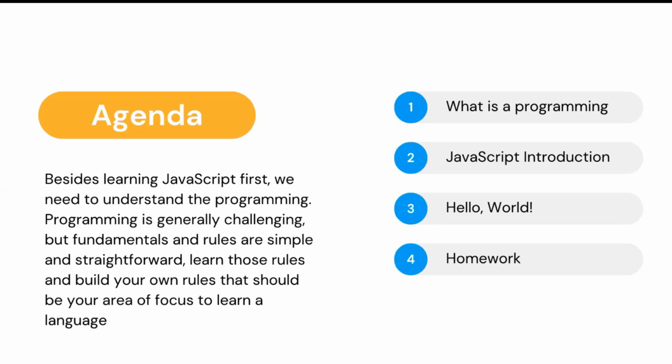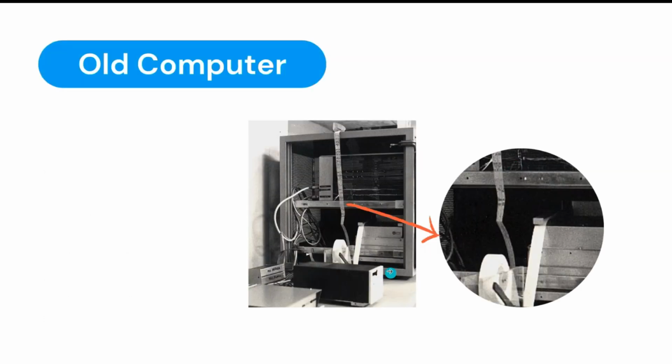And if you learn these fundamentals and rules, you can pretty much apply these things in any other programming language, not only JavaScript. The tricky part is that using these fundamentals and rules, you are required to write your own story. You need to write your own story with these fundamentals. That part is tough.